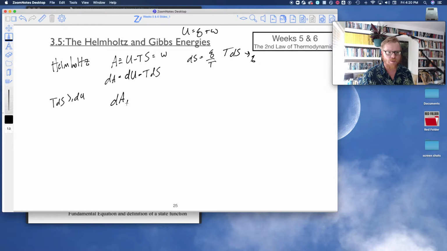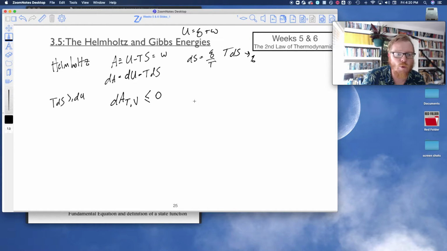let's hold temperature constant, okay? And as it turns out, I'm doing a terrible job describing this, but as it turns out, also at constant volume, this quantity has to be negative, okay?